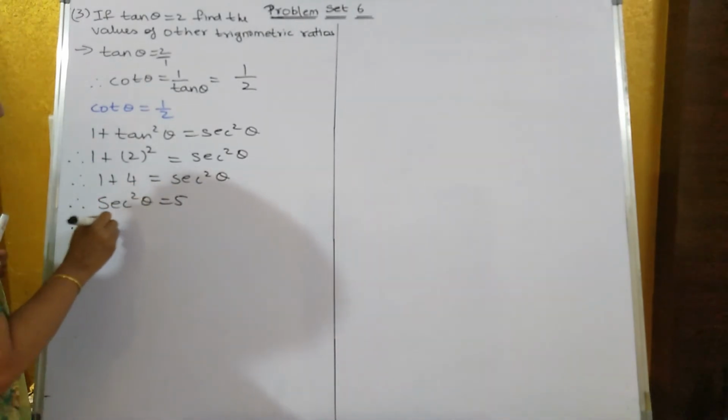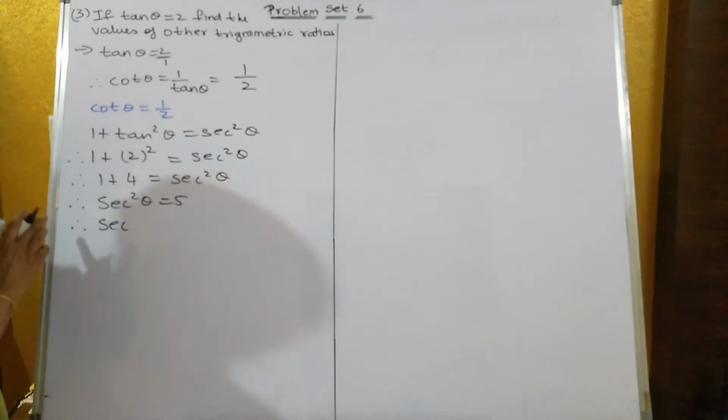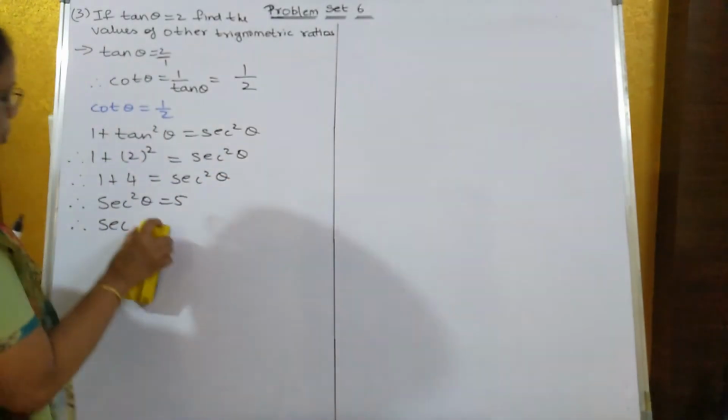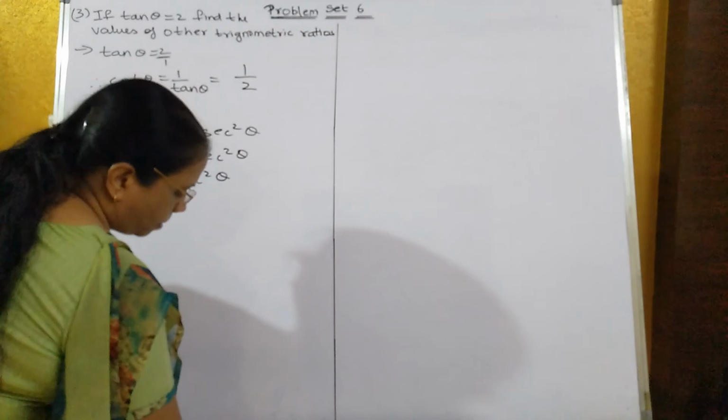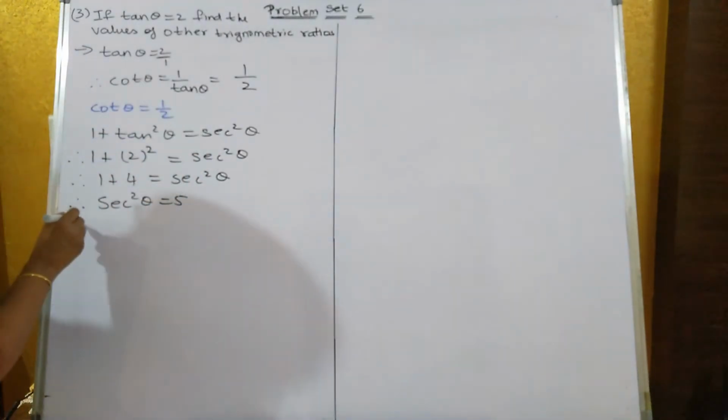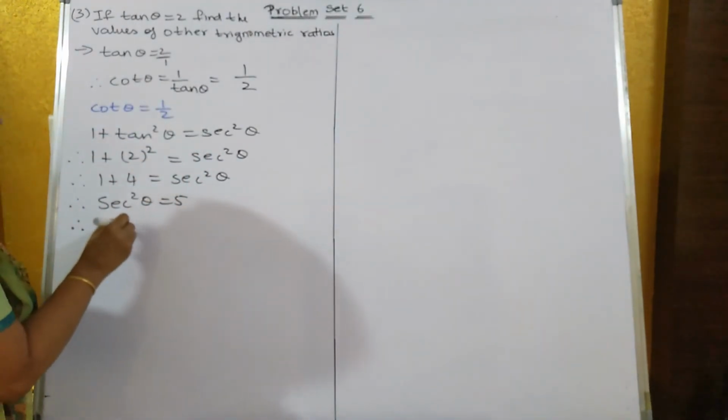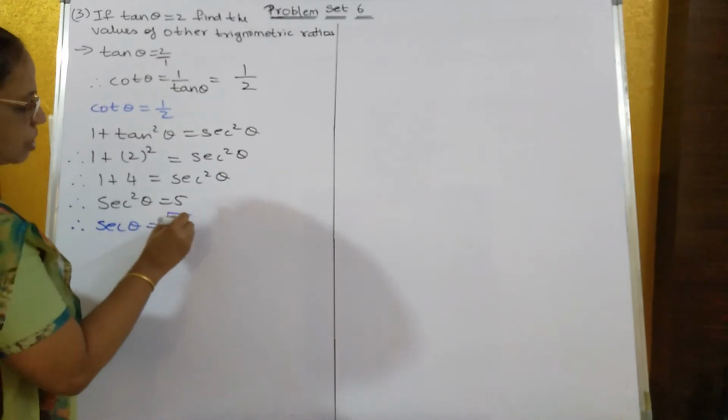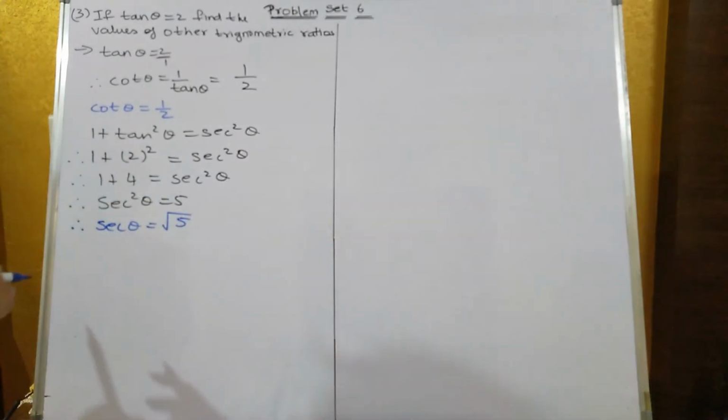Therefore sec theta is equal to root 5. Since we don't know the value of root 5, we will keep it like that only.